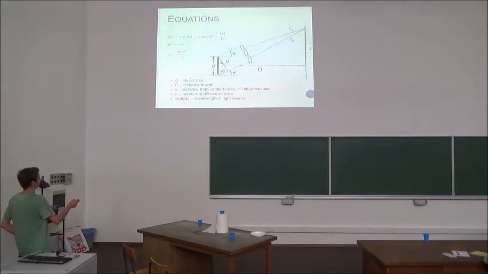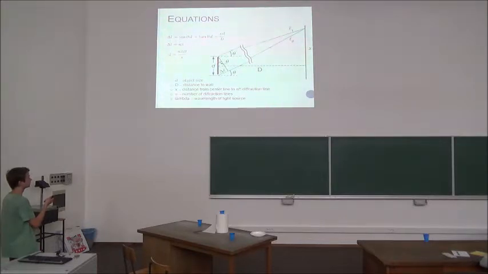this delta L, this length, has to be a whole number multiple of the wavelength because the waves have to be in phase for the constructive interference at this point. And we can just write it down as the sine of theta, this angle, times the thickness of our object. And then because theta is small, the hypotenuse of the triangle is pretty much the same length as this side of the triangle, so it is approximately the same as the tangent of theta times d.